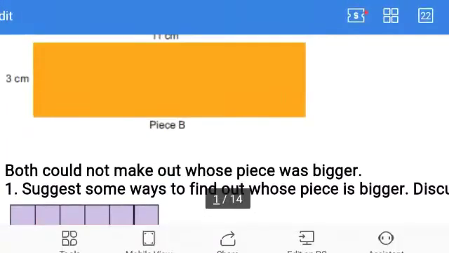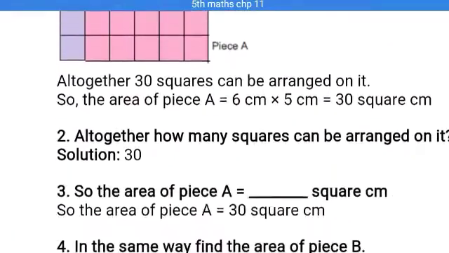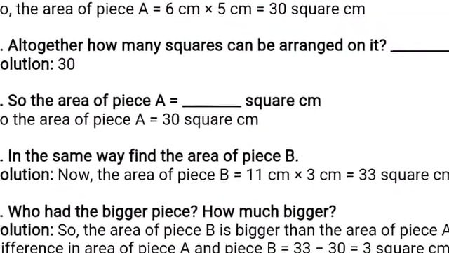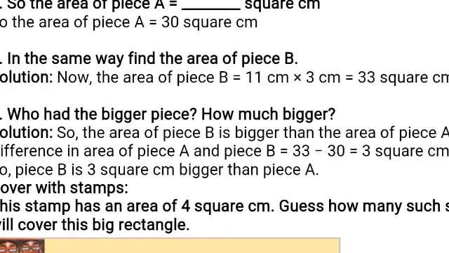For piece B, length is 11 centimeter and breadth is 3 centimeter. So in length 11 squares can be arranged and in breadth 3 can be arranged. So 11 multiplied by 3 means 33 square centimeter. Who had the bigger piece and how much bigger?